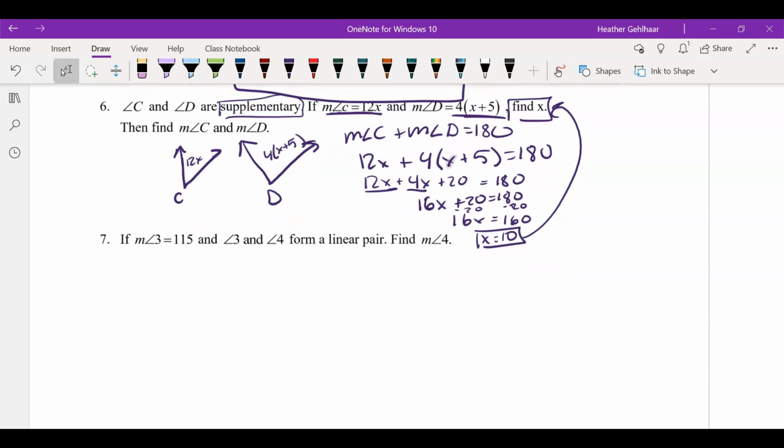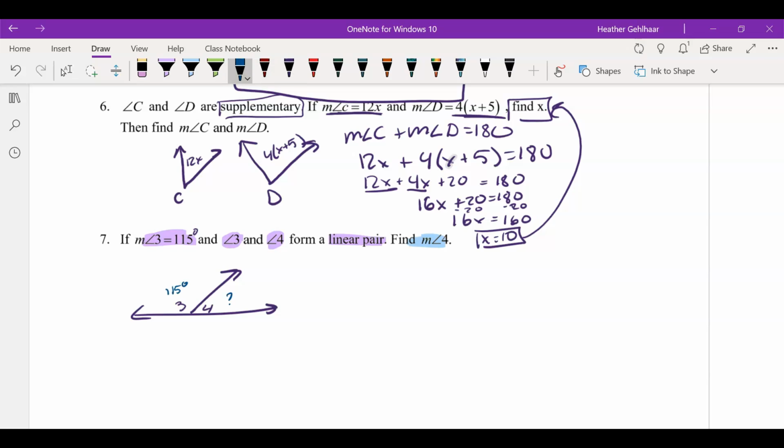Number 7 says the measure of angle 3 is 115 degrees. And then we know that angle 3 and angle 4 form a linear pair. Find the measure of angle 4. Okay, so if they're a linear pair, I know I can draw this picture here. Angle 3 and angle 4. We know angle 3 is 115 degrees.